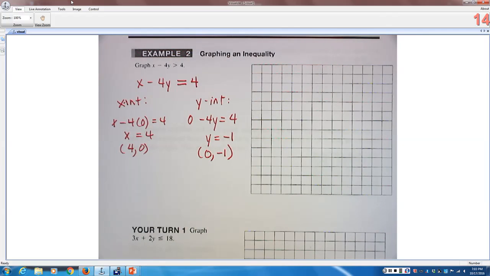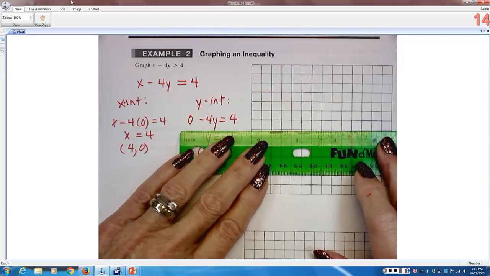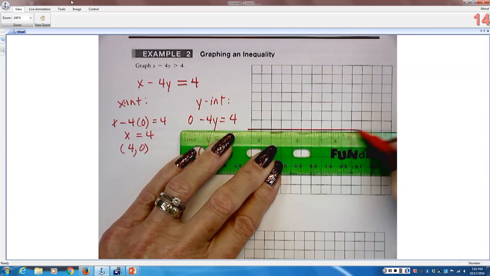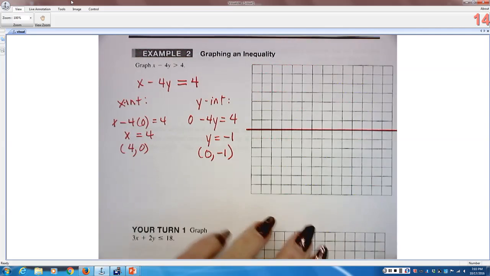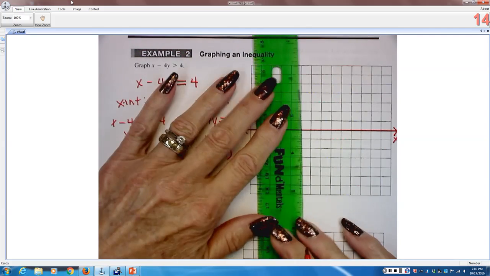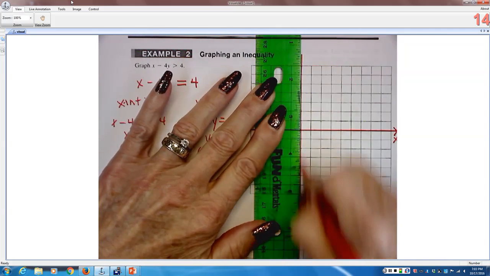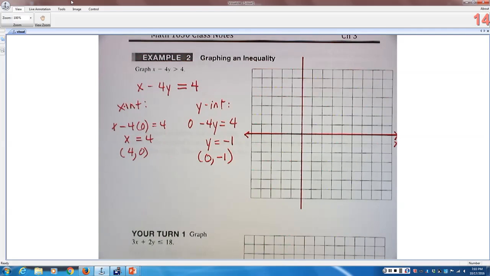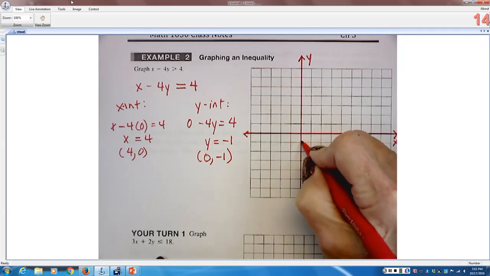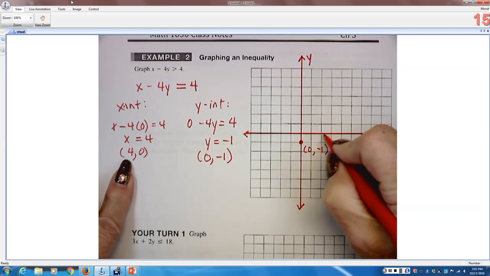So we will plot those 2 points. 0, negative 1, and 4, 0.